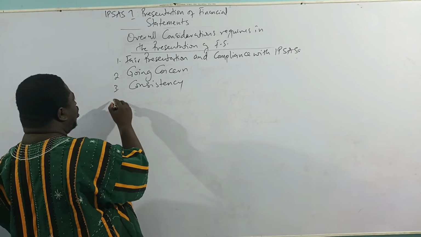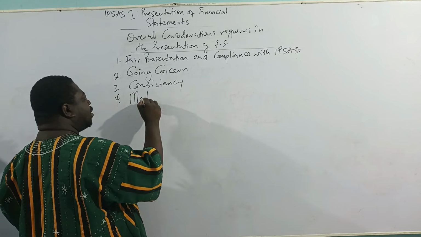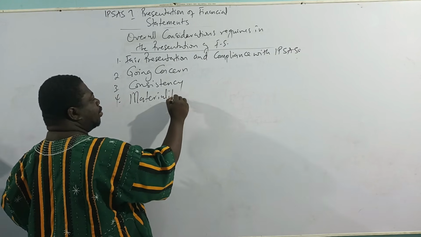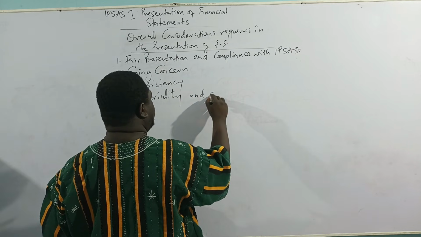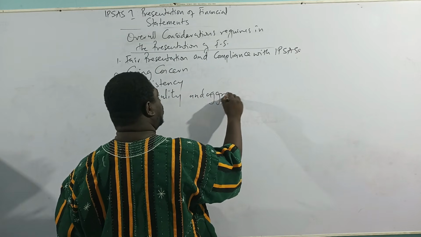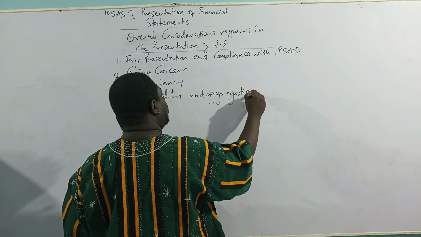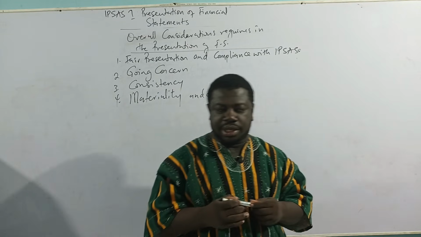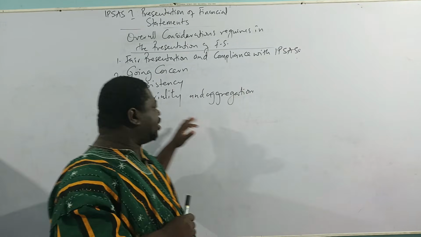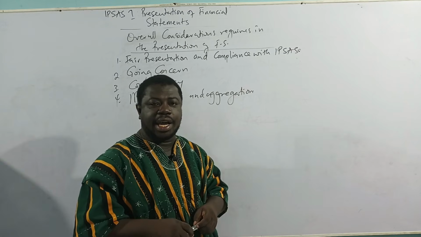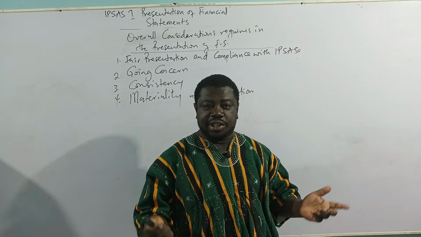And then also we need to consider materiality and aggregation. Now, we understand that materiality has to do with the relevance of information.